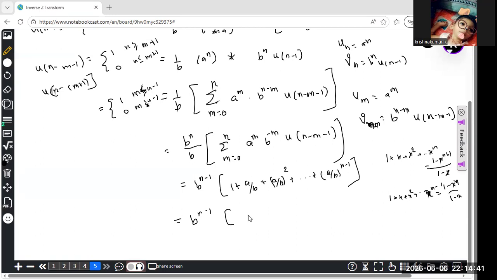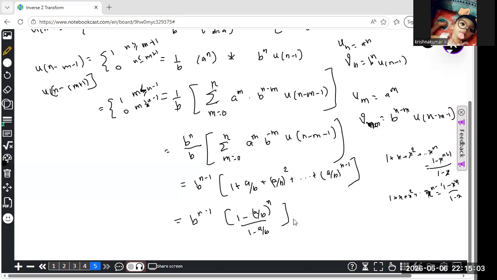In the place of x, we have a by b. We simplify this, and this will be the solution of this term.